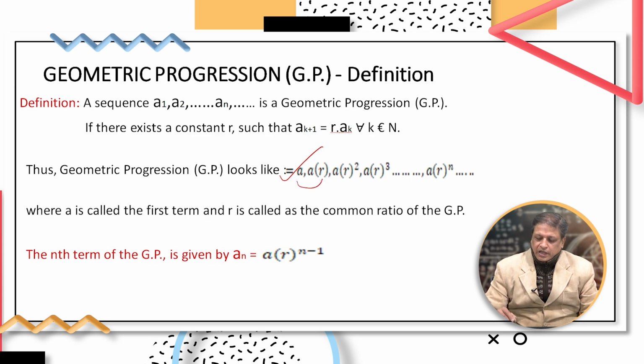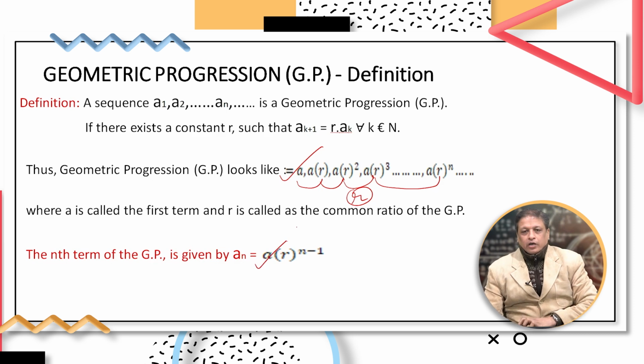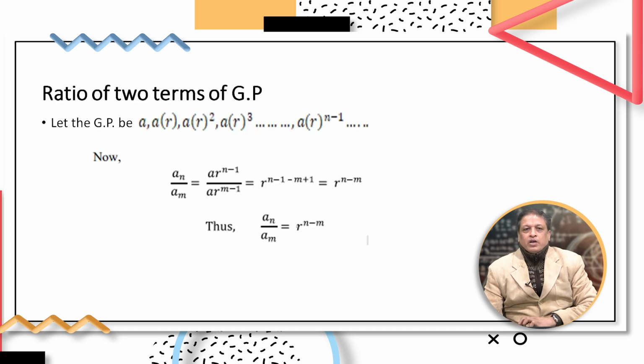Every previous term is multiplied by the common ratio r, and you get the subsequent terms. So, the nth term of the geometric progression is given by ar to the power n minus 1. We understood how to apply this expression to solve several numericals when we were delivering these sessions.